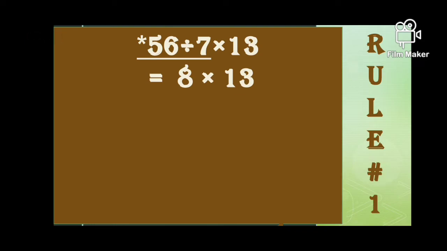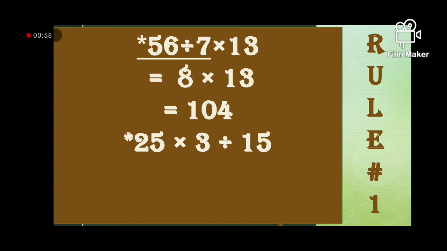And 8 will be multiplied by 13. When we multiply 8 by 13, we will get 104. So this sum has been solved according to rule number 1, starting from left and the operations solved in sequence.